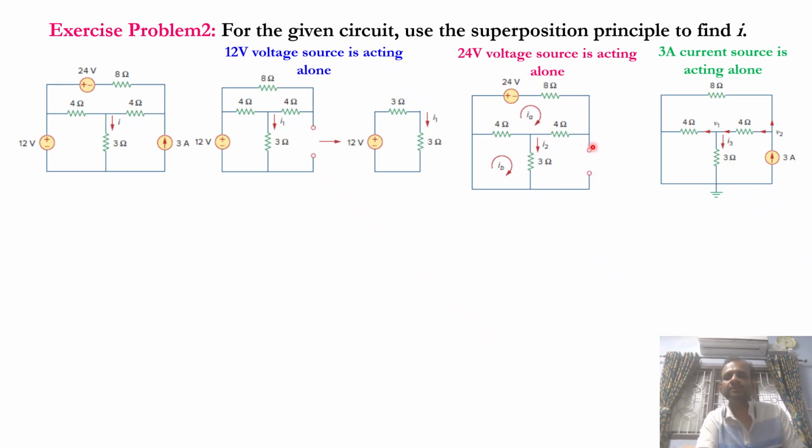So this is open, so 4 ohm and 8 ohm together will be 12 ohms. Okay, but there is 4 ohm and 3 ohm here, 4 ohm, 3 ohm, 4 ohm and 8 ohm. Okay, analyze this circuit. Then after that, the third one is 3 ampere.